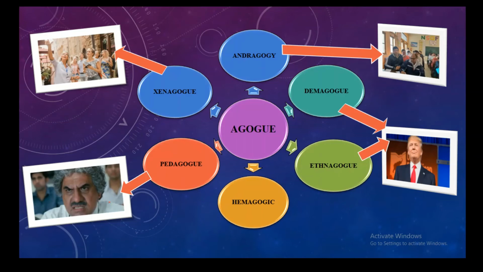Actually, his nickname is Virus. He is known as Virus, and this picture is from the Three Idiots film, Three Idiots movie. He is the engineering college director in that film. So that's why I put his picture as an example of pedagogue.